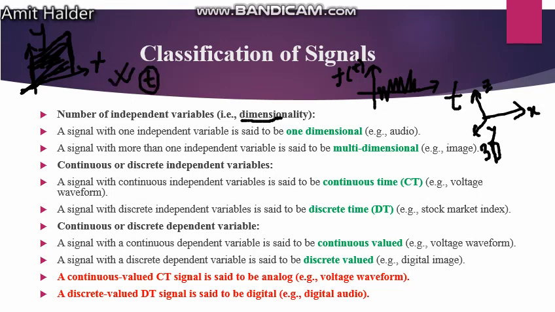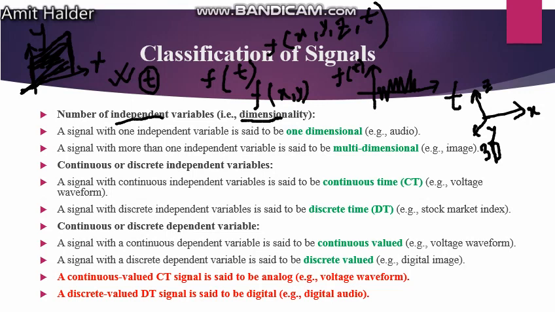The time is the fourth dimension, and it also creates the video signal. So from the dimensionality, that means the number of independent variables, it can be a function of time, or a function of x, y, length or breadth, or a function of x, y, z, and t. That can be a video.